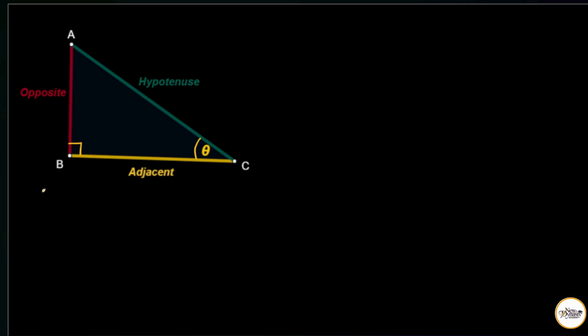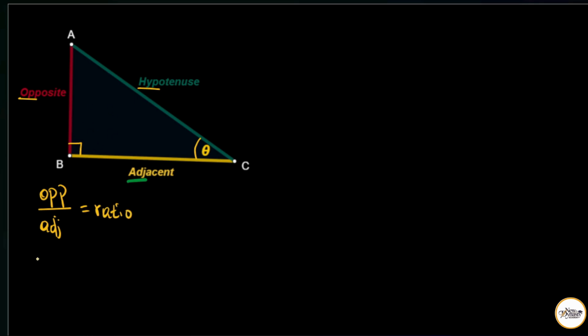I'm just going to write OPP for opposite, taking the first three letters, and the first three letters of the others. So we're going to write the ratio of the triangle using the sides. So that is the opposite over the adjacent. This is the ratio, and as I said, I'm only taking the first three letters.